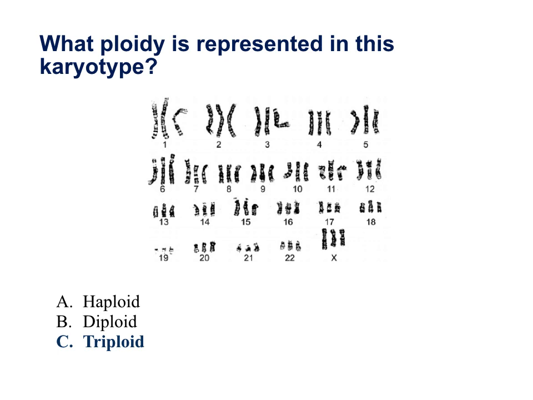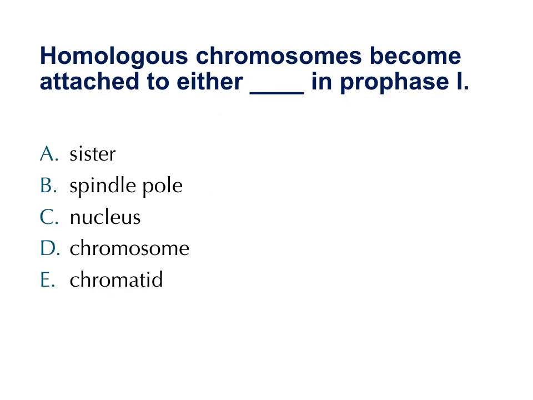But you should be able to recognize on this karyotype of a fetus the triploidy, and that you have 69 chromosomes. It's a 69XXX triploidy is officially how we describe this. All right, let's move along.